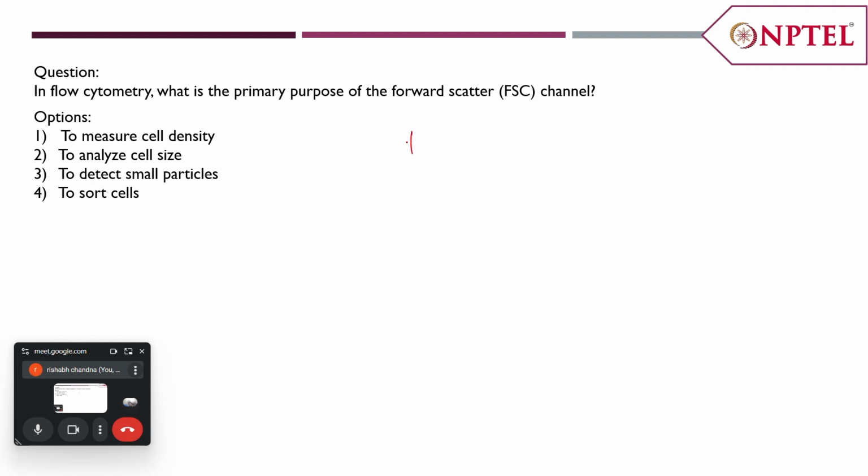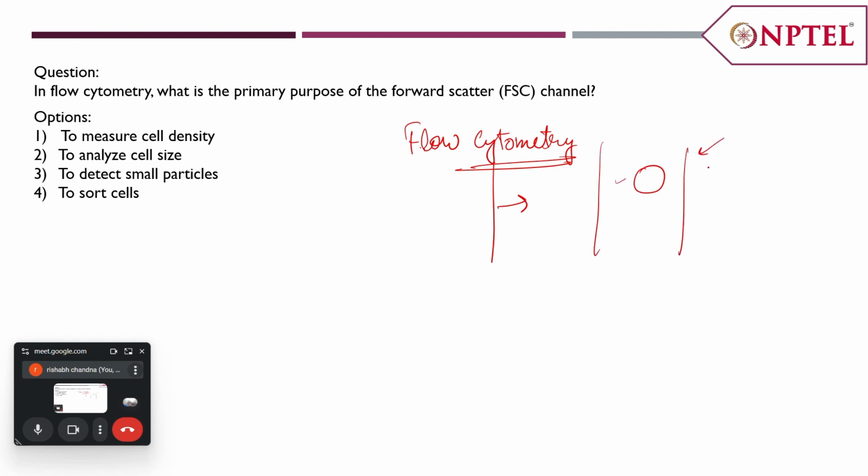So in the case of flow cytometry, this is the cell that we are utilizing, and there will be lasers put upon the cells. These are able to detect different properties of the cell, for example size.